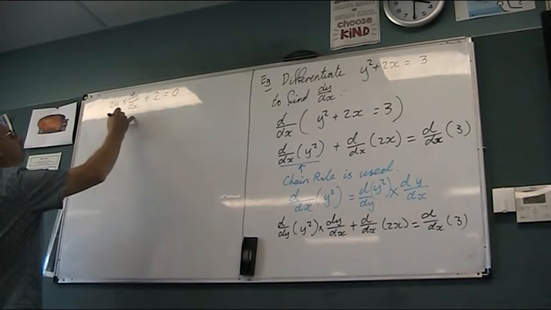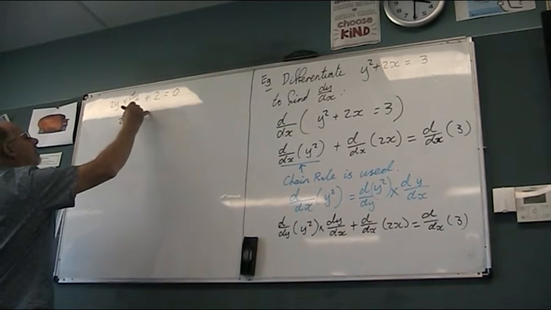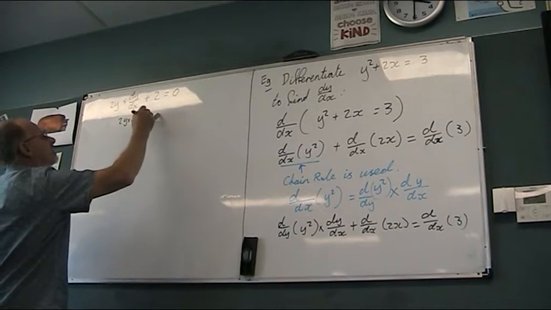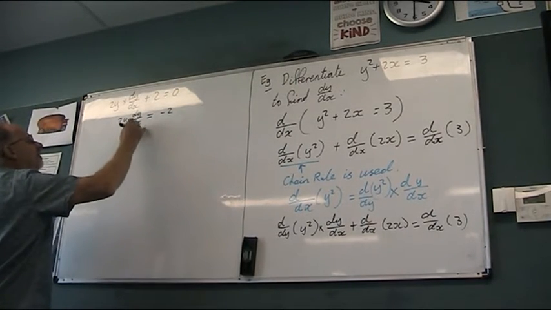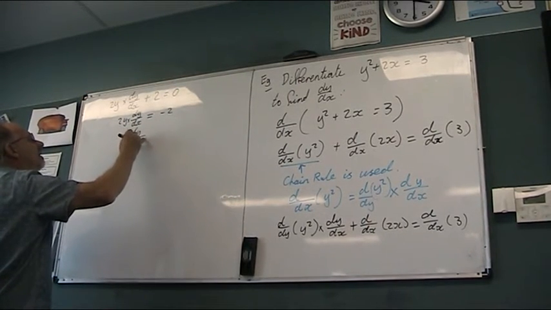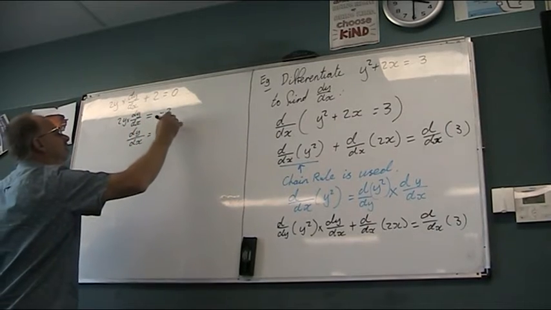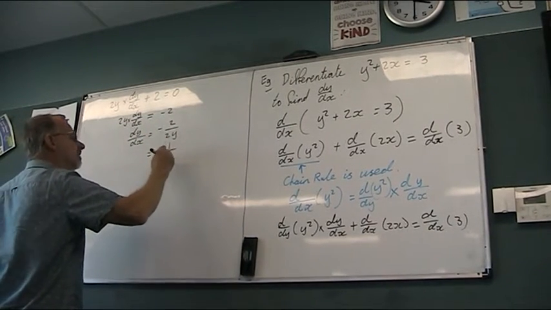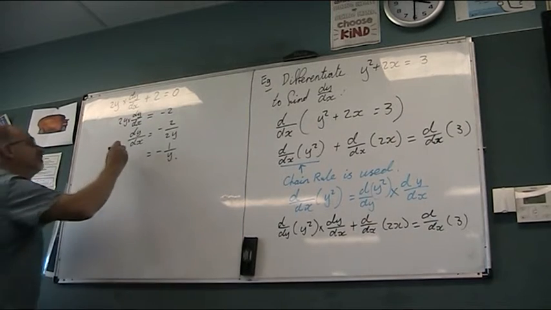So we've got 2y times dy dx. I'm going to take 2, then divide by 2y, and you get negative 1 on y.